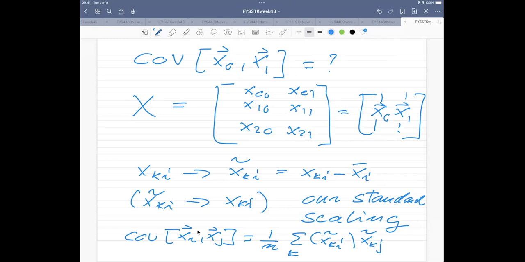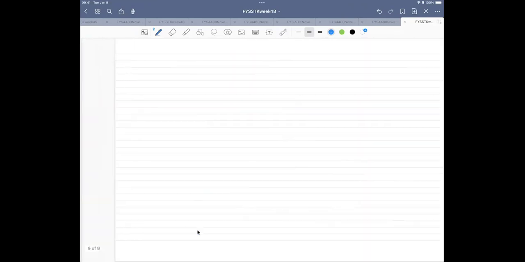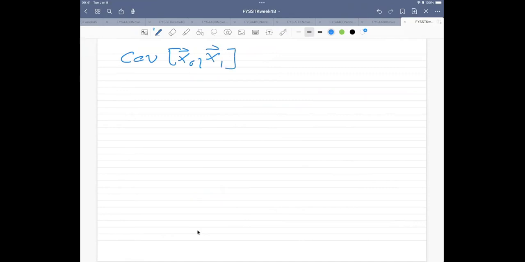So if you now take this x0 and x1, what you will find then is as follows. So let's just write it out. So if I take the example which I have here, this covariance of x0, x1, the simple example, this is going to be 1 over 3, and then I have a sum up to 3 elements, x_k0 times x_k1.